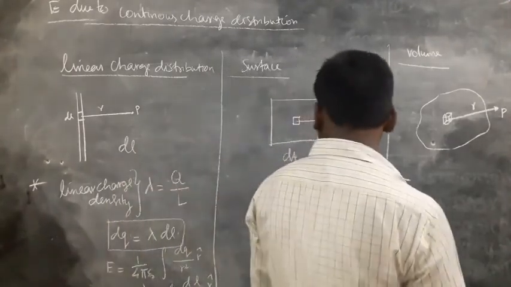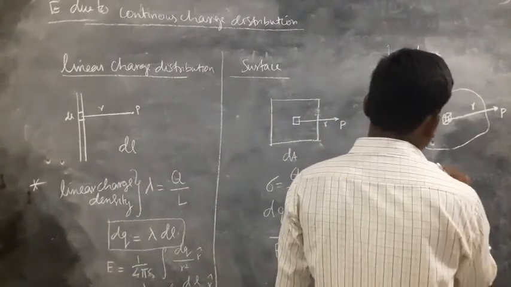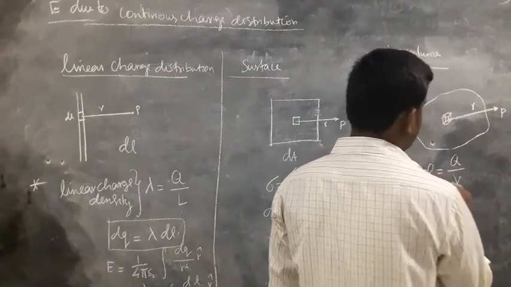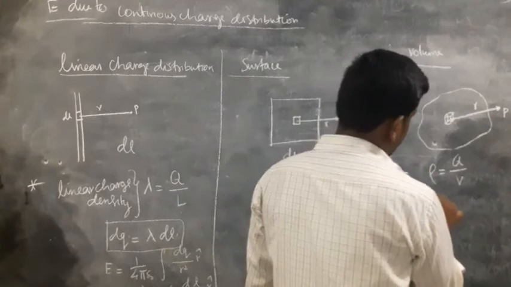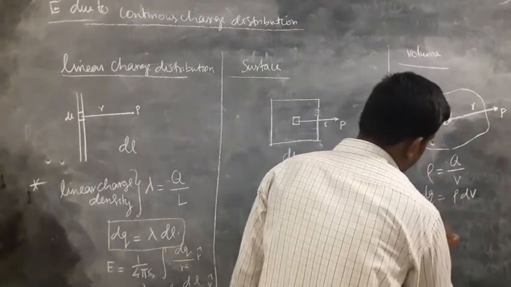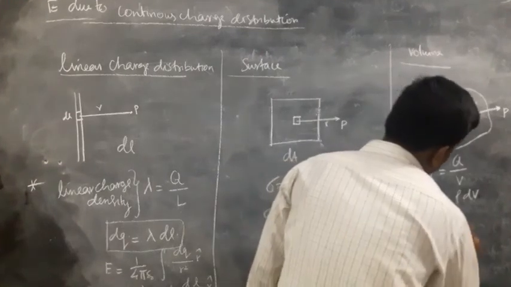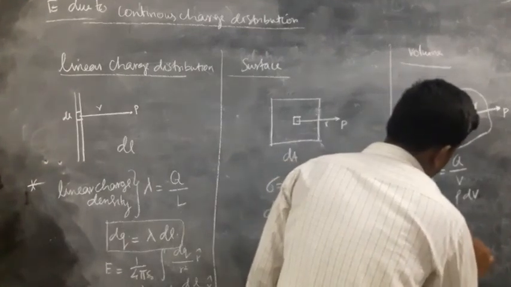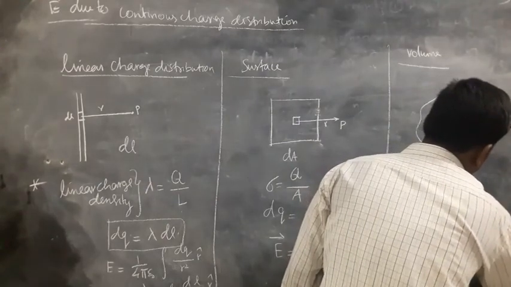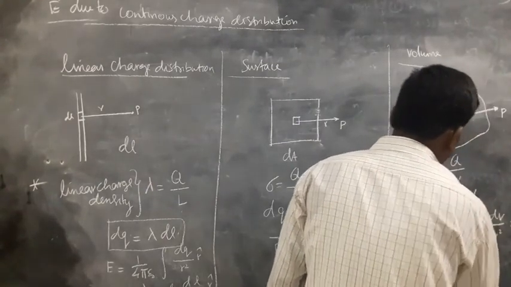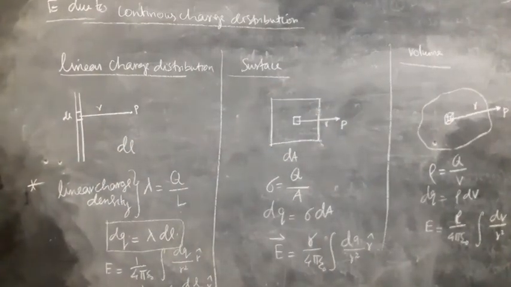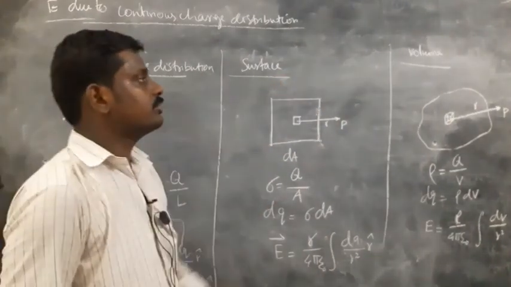If it is for volume, rho is equal to Q by V, that is charge per unit volume. So dq is equal to rho times dV. We substitute and get 1 by 4 pi epsilon naught integral dV by r squared r cap, with rho.